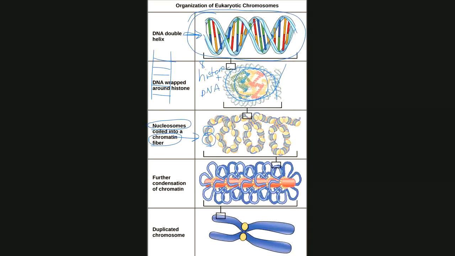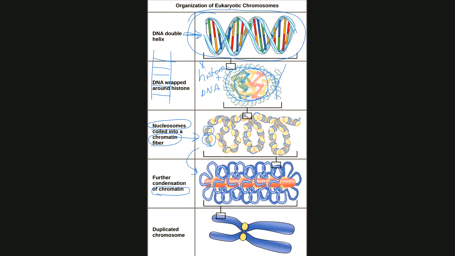Now from there, it can get further condensed. So in other words, those nucleosomes are going to further wrap around additional proteins to even condense the DNA further. It's still called chromatin, okay, at that point. It's still DNA wrapped around protein. It's more condensed than the one before.